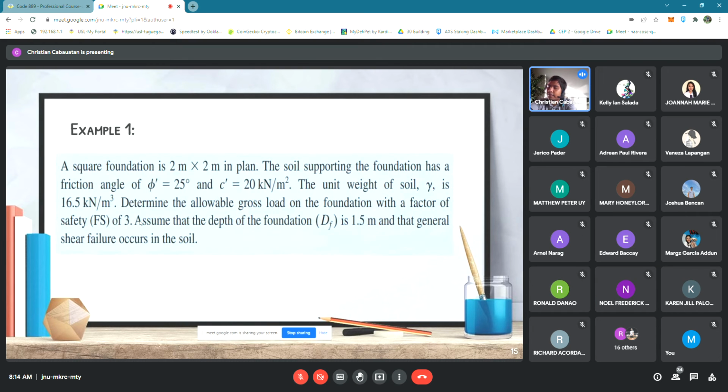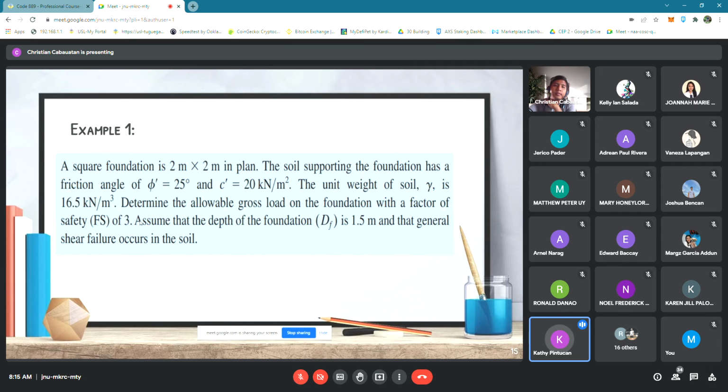The first problem would be the first problem on our bearing capacity, the Terzaghi bearing capacity. Miss Pintukan, are you there? Can you read problem number 1? Yes, sir. A square foundation is 2 meters by 2 meters in plan.